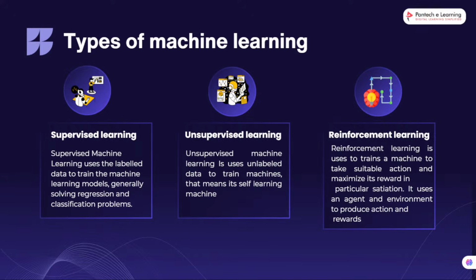Heart disease prediction means our target is, based on the patient details, whether the patient has heart disease or not. Our output comes as: this person has heart disease, yes or no. Like that we get an answer. Regression means how much, a range, for example blood pressure.